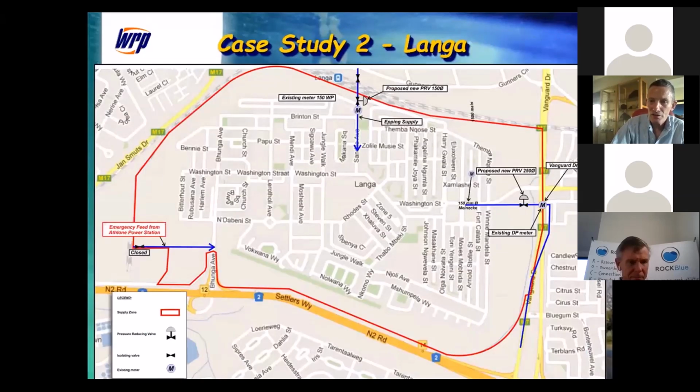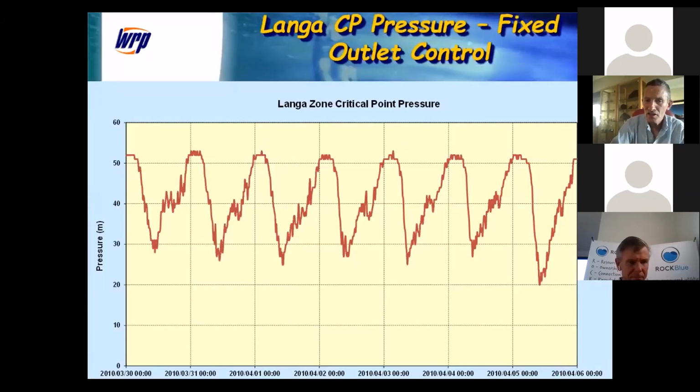And the final couple of slides, this is another zone, and this is a zone where you do have a significant difference between day and nighttime pressure at the critical point. If we have a look here, this is the fixed outlet pressure at the critical point.